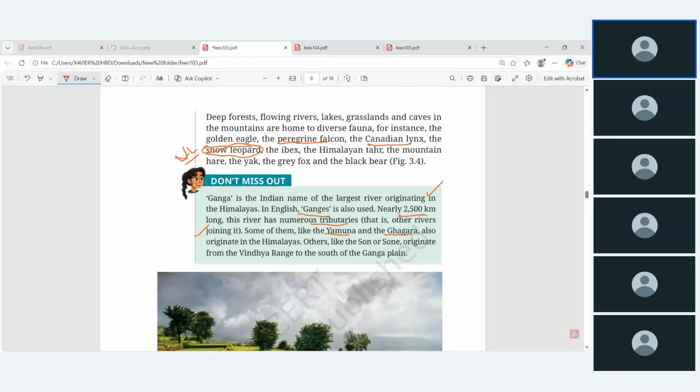Others like the Son originate from the Vindhya range to the south of the Ganga plain. All of these attach to the main river. Anyway, we have to study everything related to the tributaries of the Ganga, Brahmaputra and other major rivers.